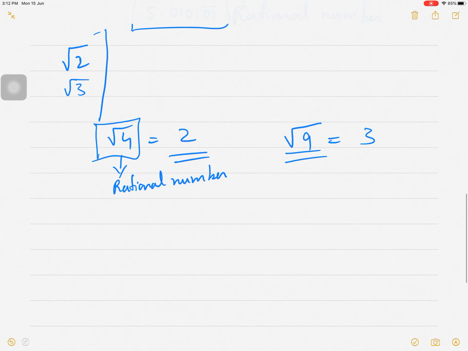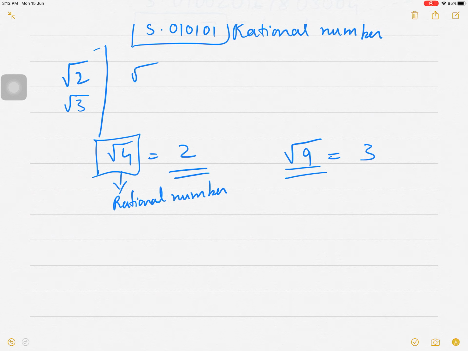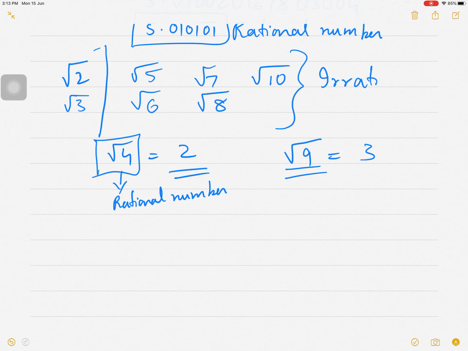But root 2, root 3, root 5, root 6, root 7, root 8, root 10 are all irrational numbers. So square root of a perfect square is a rational number, and square root of any other number is an irrational number.